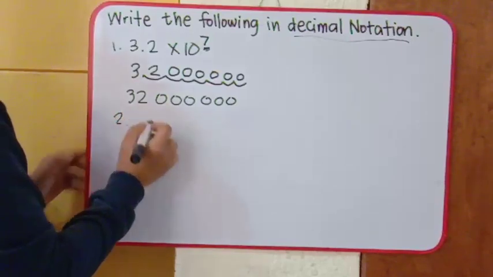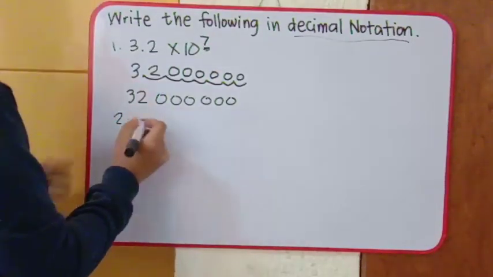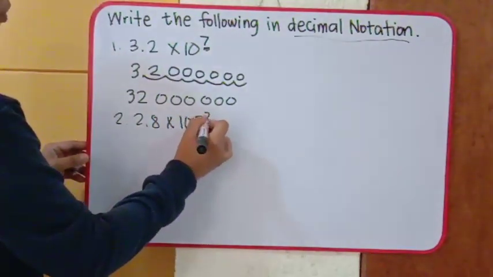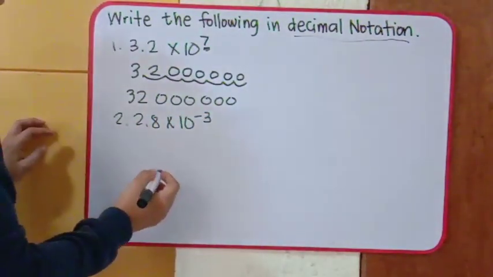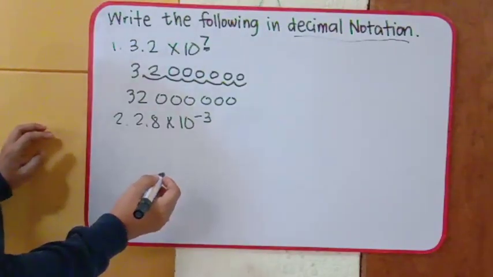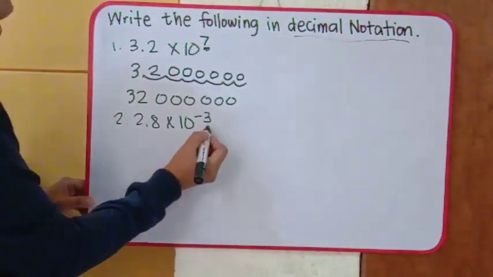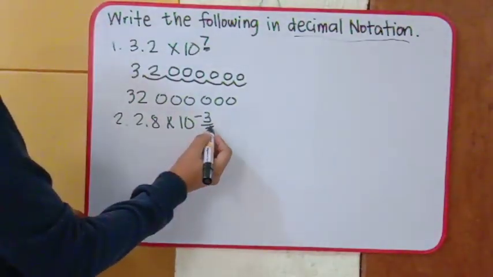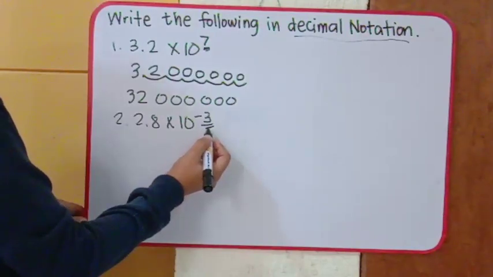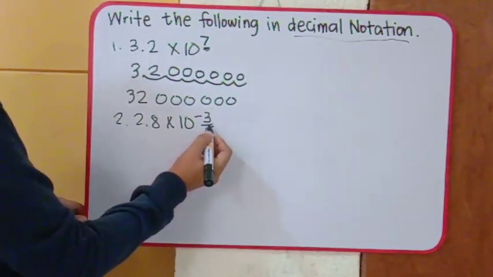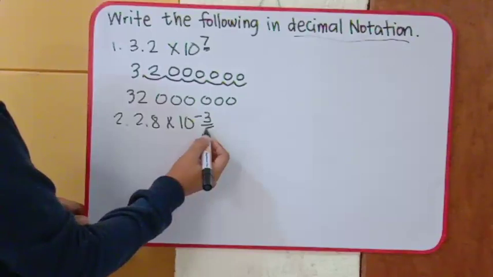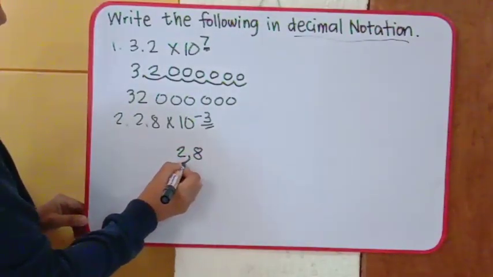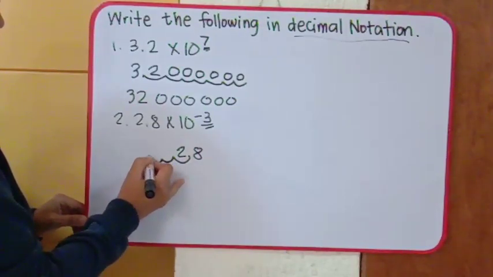Okay, now let us have example number 2. So we are given 2.8 times 10 raised to negative 3. So we are given here a number written in scientific notation. So take note that our exponent is negative 3. So since our exponent is negative 3, the movement of the decimal point is to the left. So we have here 2.8. So we move to the left 1, 2, 3.